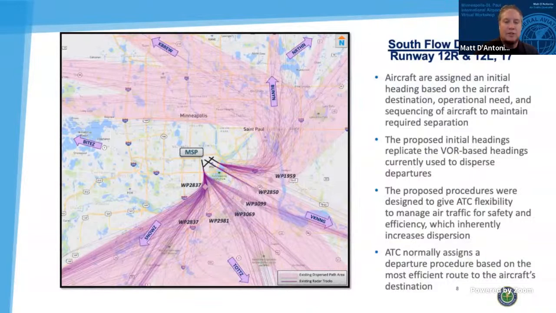And again, with construction this summer, the flight paths have been very different than our normal day-to-day operations. So going back to our spring operations, we're going to be mimicking more of that. Like we say, no one community is going to be affected more than another, because we're going to be mimicking basically what we did in the past and trying to keep that dispersed as much as we can at all times.